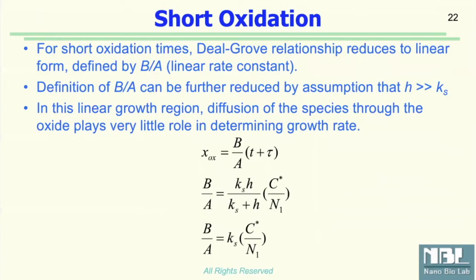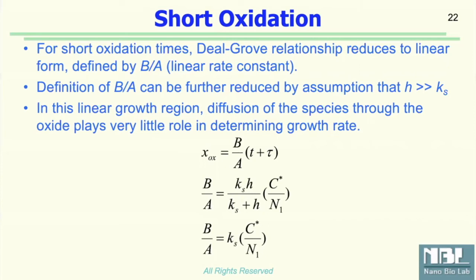Now, there are different ways to look at it. If you do very short oxidation, we have a linear relationship, which means that whatever oxygen comes in reacts with silicon. So the equation reduces to this linear relationship where we are using B over A. It's a linear rate constant.